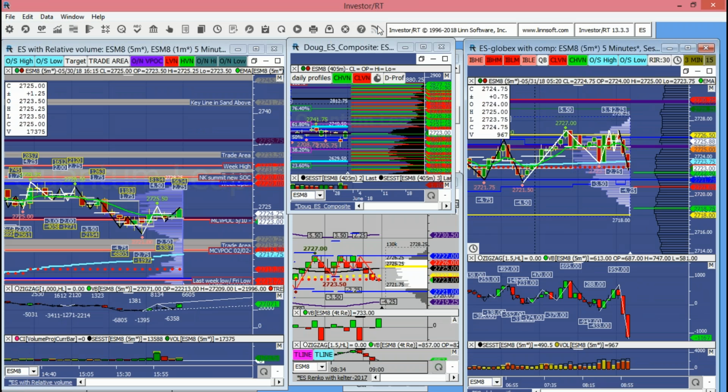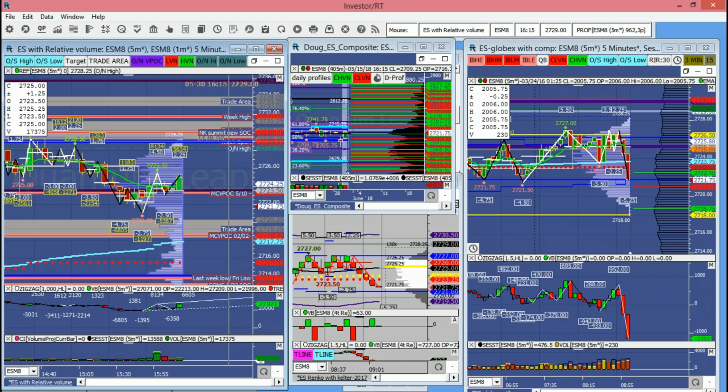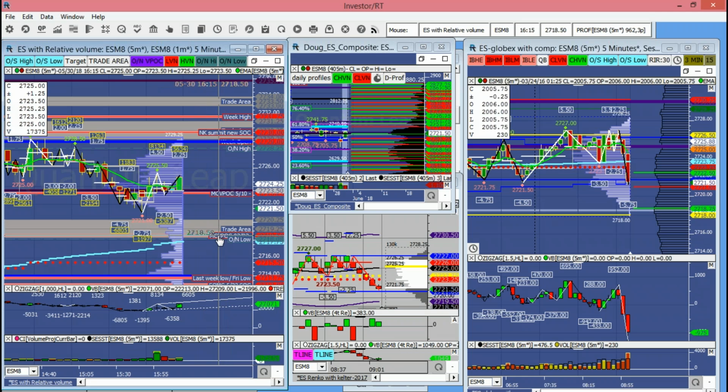So in terms of levels, our overnight high is at 28 and a quarter. That's just below our week open. Our week open is 27.29. We have an overnight low at 18, and that's just below that microcomposite VPOC from the second.